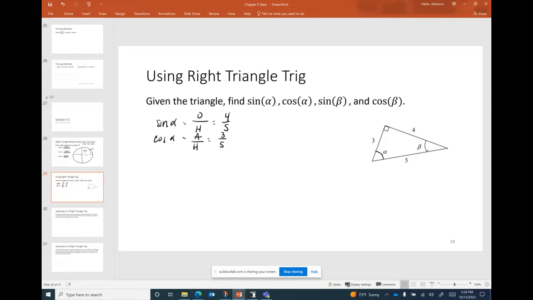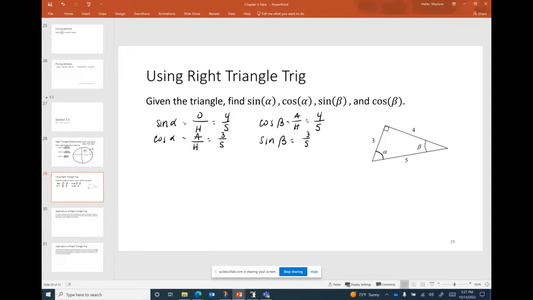Now let's look at angle beta. The cosine of angle beta is going to be its adjacent side over the hypotenuse, which would be 4 over 5. And the sine of angle beta is going to be the opposite side over the hypotenuse, or 3 over 5. Now, do you see something interesting here?